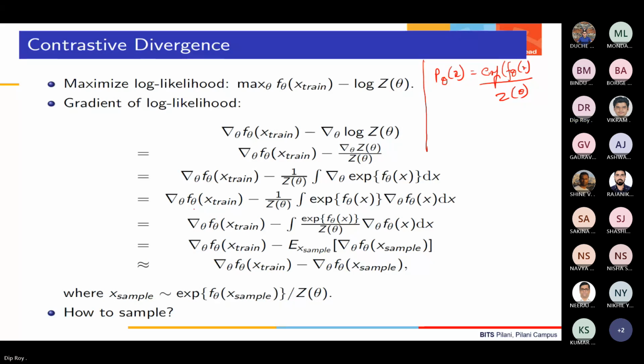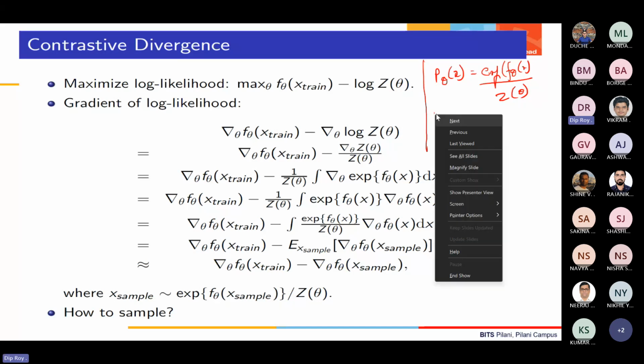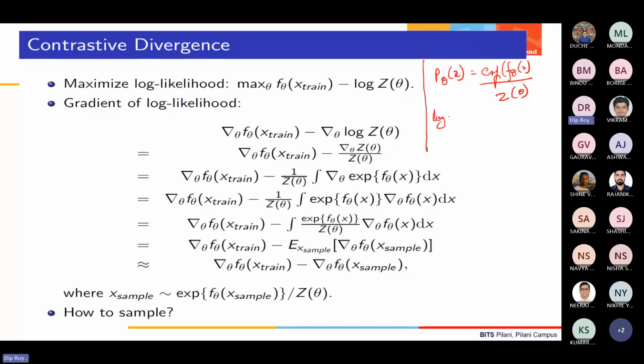Now, whenever we are doing log likelihood, we would basically take the log of this, log of p theta x. That side we will also take the log.